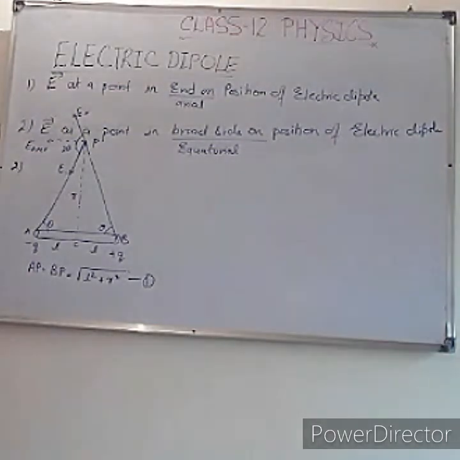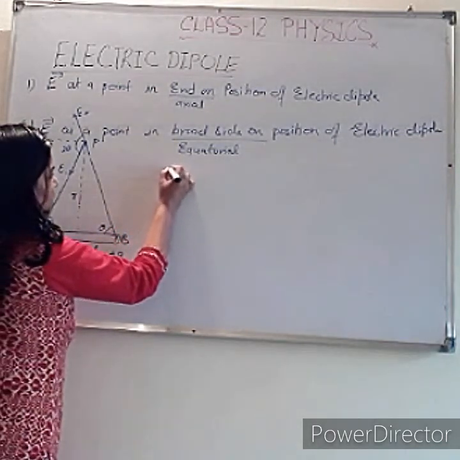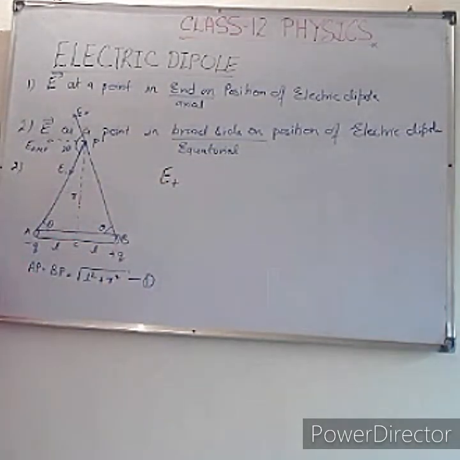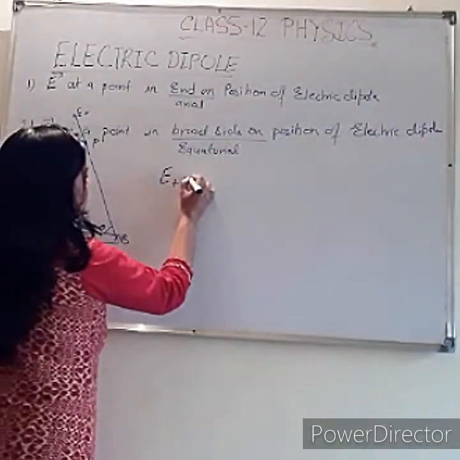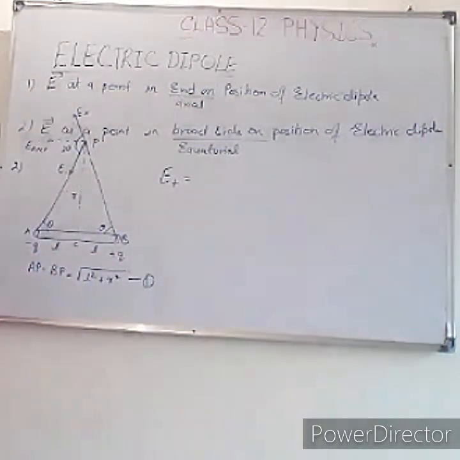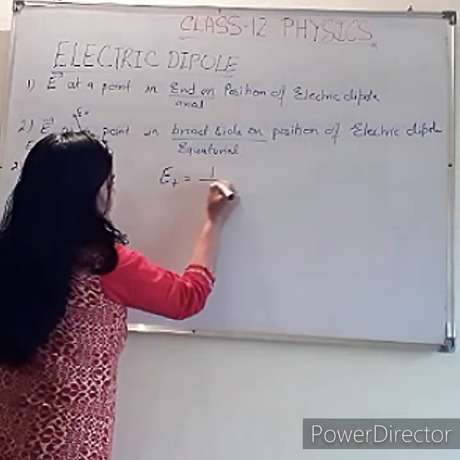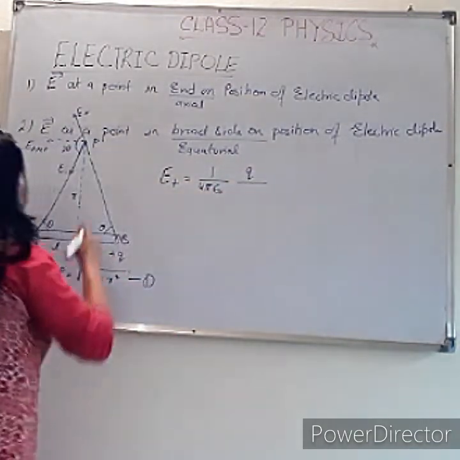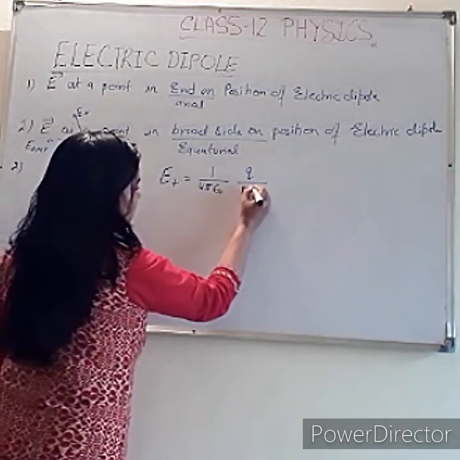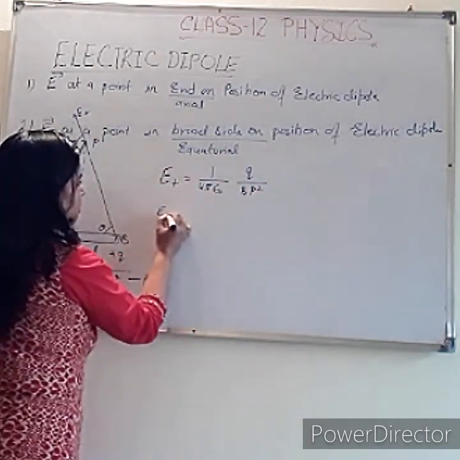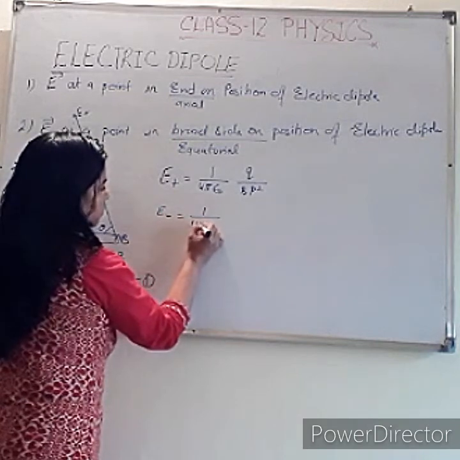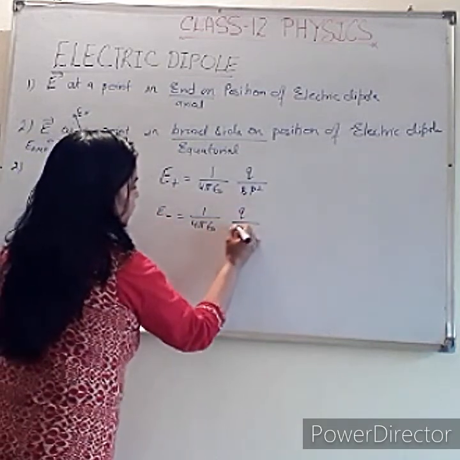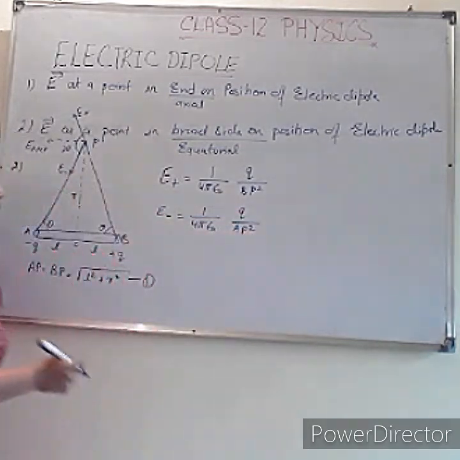So now take the case of E plus, electric field at point P due to plus charge. So E plus is equal to what? E plus is equal to 1 over 4 pi epsilon naught Q divided by BP square. And E minus is equal to what? 1 over 4 pi epsilon naught Q divided by AP square. Okay.